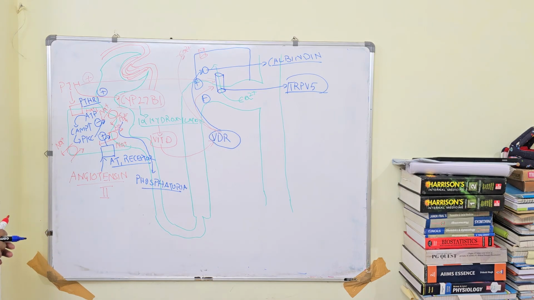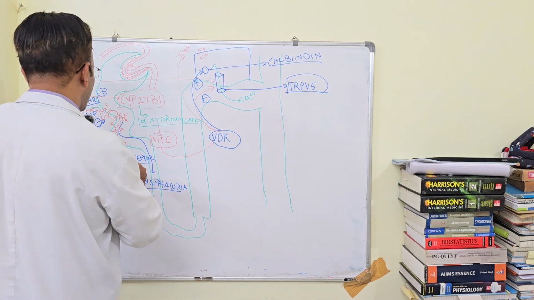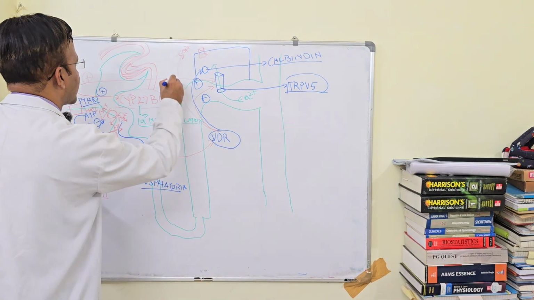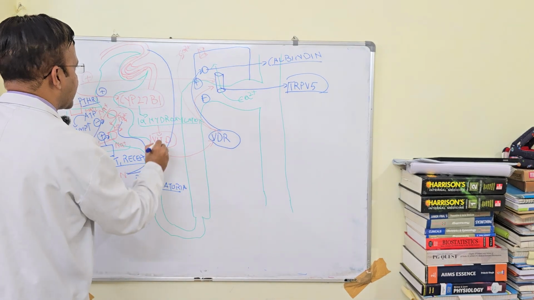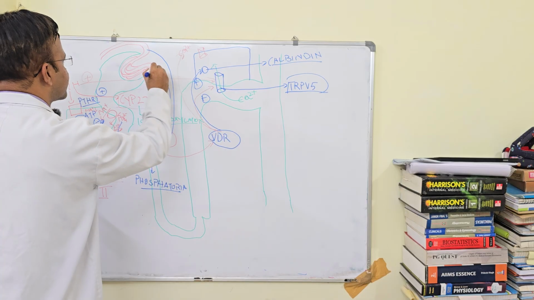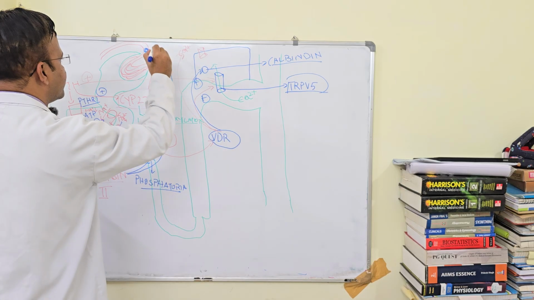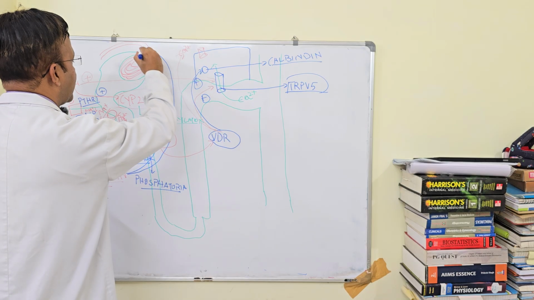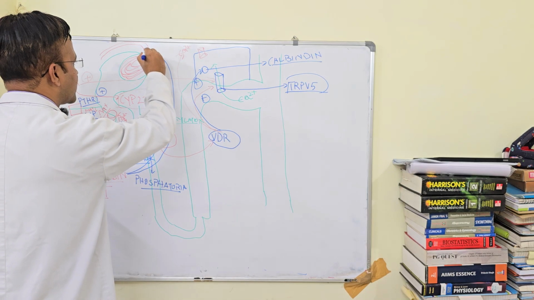Apart from that, this angiotensin 2 causes vasoconstriction of both afferent and efferent arterioles. It is going to constrict both afferent and efferent arteriole. What can constriction of the afferent arteriole do?